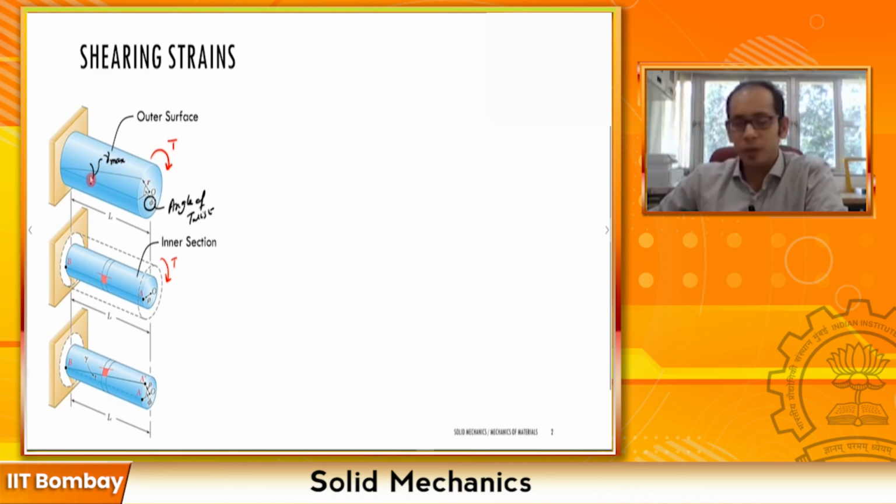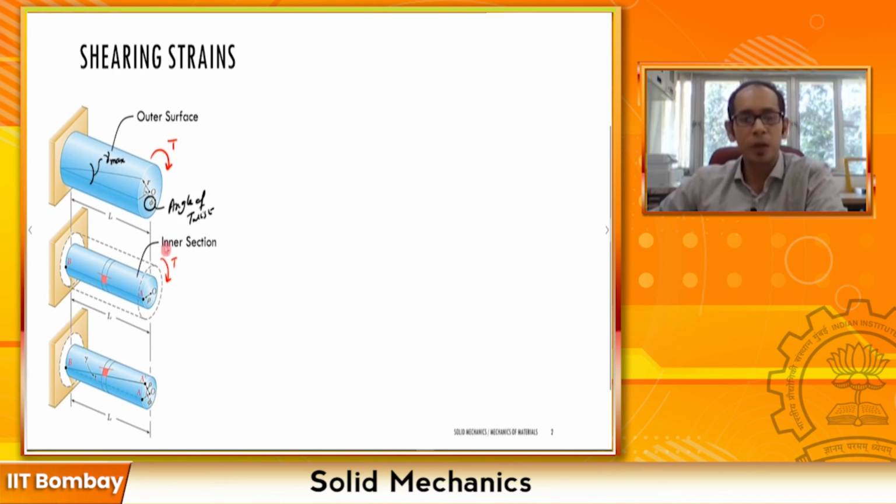If gamma max was happening at the exterior surface, at an interior surface it is going to be a slightly lesser angle. Let's call this gamma. When you have this angle gamma due to this torque, the point A which was over here has now moved to a new point A prime. So if I apply the torque in this direction, this point has moved up to A prime, as a consequence of which you have inscribed this phi.